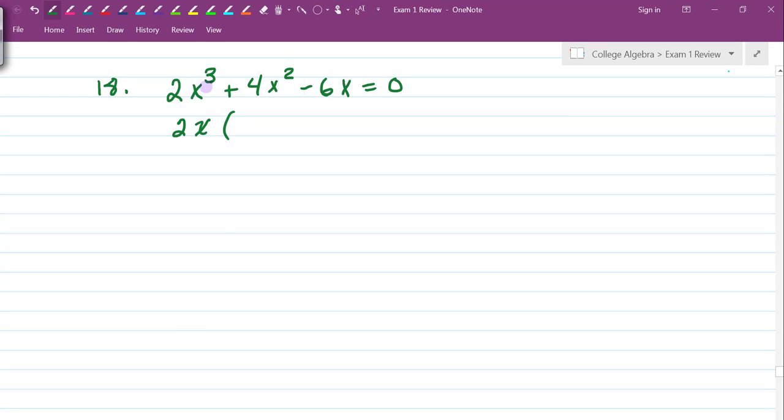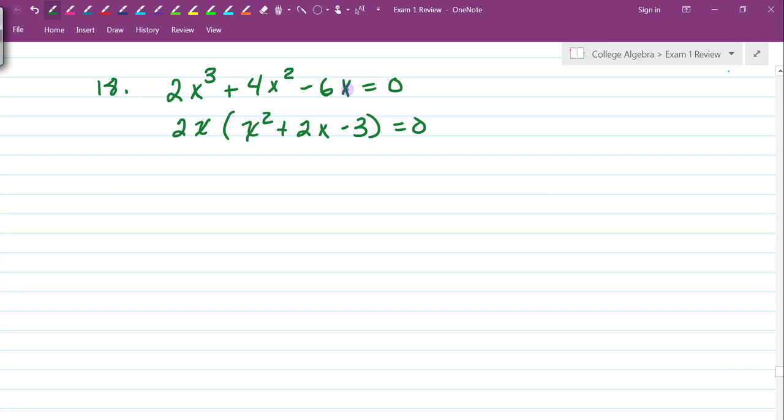That leaves me x squared, plus 2x, and negative 3, because 2x times x squared is 2x cubed, 2x times positive 2x is 4x squared, and 2x times negative 3 is negative 6x.